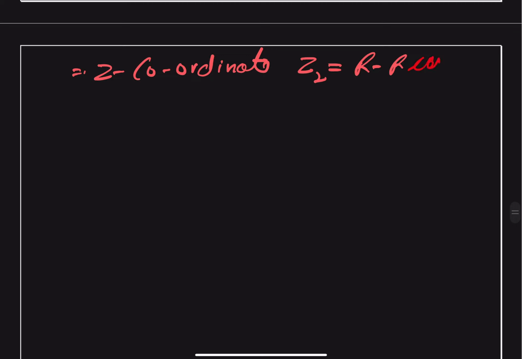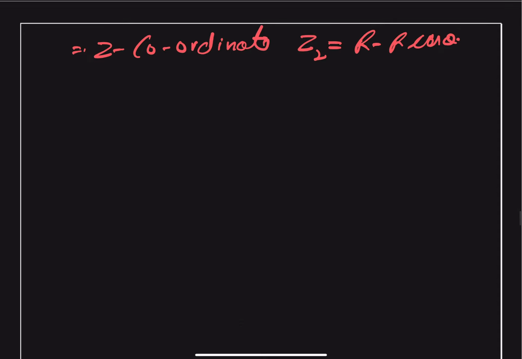Cos of theta, theta is pi, is minus 1. So z is equal to r minus of minus 1, giving us r plus r, that is 2r, and this is about 2 meters.